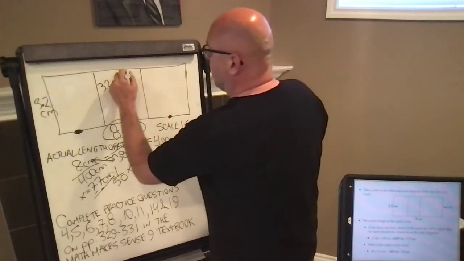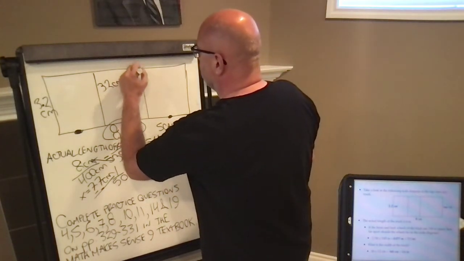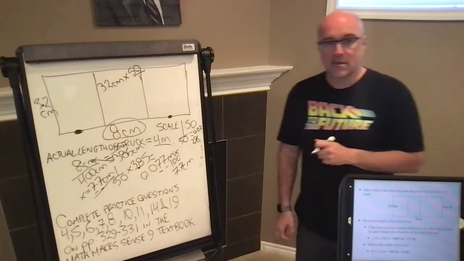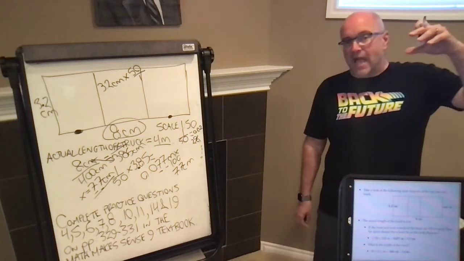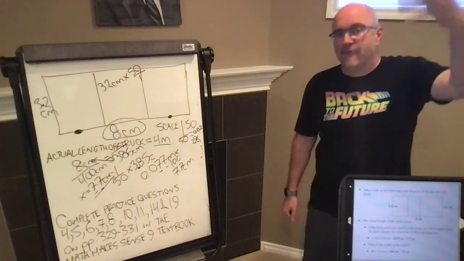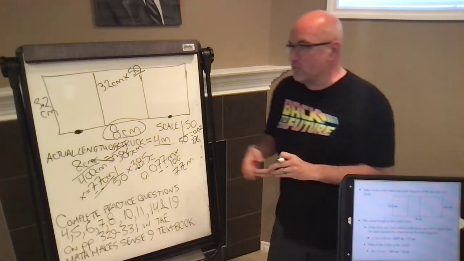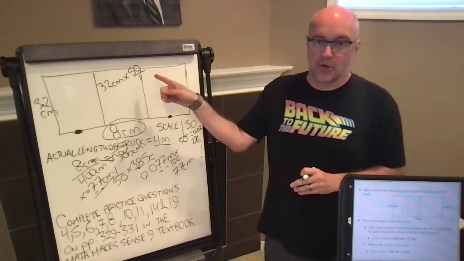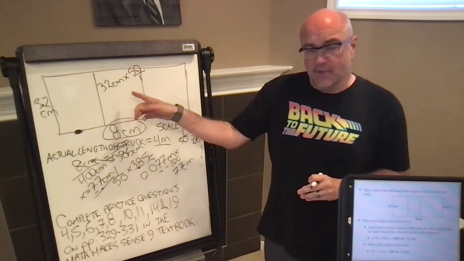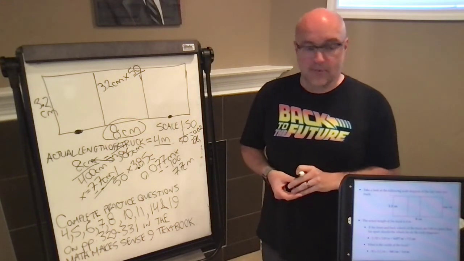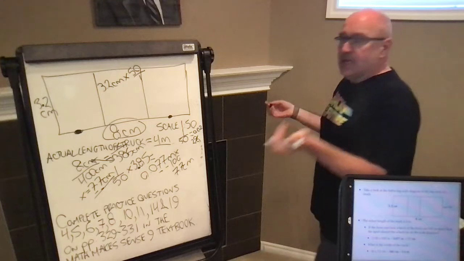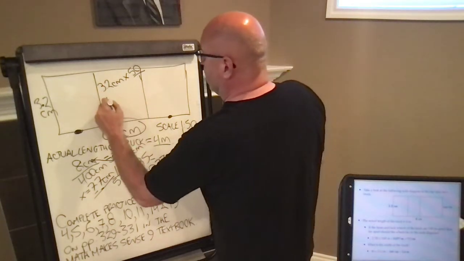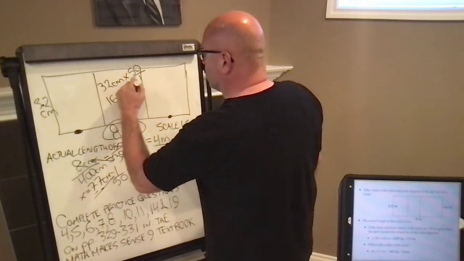So if I multiply this by 50/1, I'm now going to get the actual, the scaled up version of the original. I know that the original is 50 times larger than the diagram here, which is at 3.2 centimeters. So if I multiply 3.2 by 50, I'm going to get 160 centimeters.